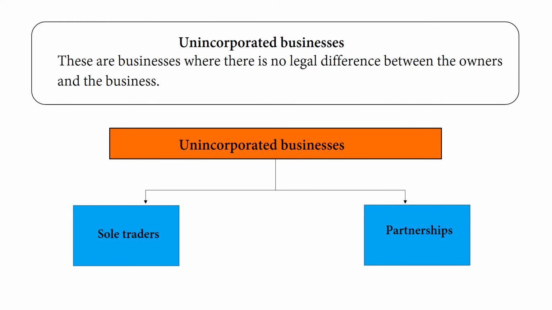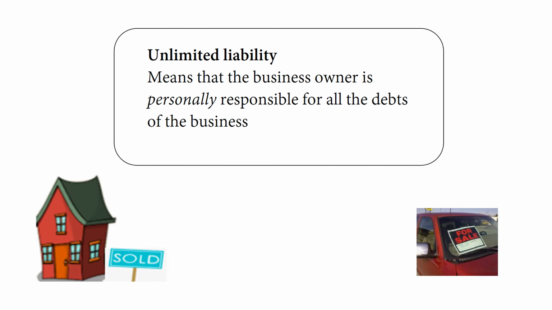Unincorporated businesses apply to sole traders and partnerships and mean there is unlimited liability, which also means the business and the owners are one. Unlimited liability applies to sole traders and partnerships and means that if the owners do not have enough money in their business to pay for their business's debts, they would have to use their own money to pay for these debts, no matter how much it is.